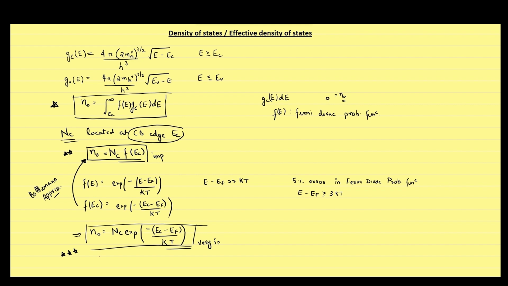And after that, we get the exact expression of electron concentration in terms of Fermi Dirac probability function at energy level EC and effective density of states Nc. And after that, we get the formula when Boltzmann approximation is assumed to be valid, which is generally true.